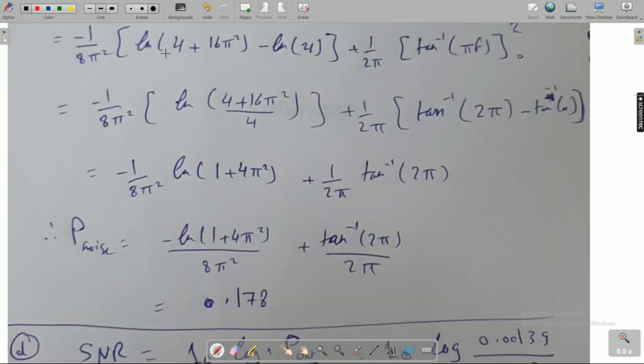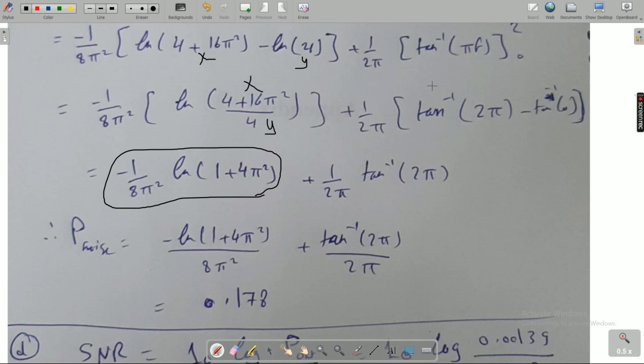So for simplification, ln 4 plus 16 pi square minus ln 4. If this is x and this is y, the total will be ln x over y in one ln. And 4 plus 16 pi square divided by 4 is equal to 1 plus 4 pi square. This is the first term after being integrated.